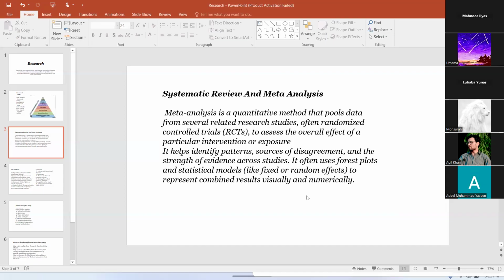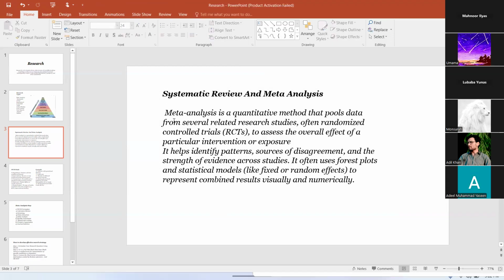If I'm doing a meta-analysis on RCTs, I'll be compiling all the randomized control trials, then I'll do the meta-analysis on those trials, and then I'll see what the final results from those RCTs are. I'll analyze the results of those RCTs. So this is the main function of systematic reviews and meta-analysis.